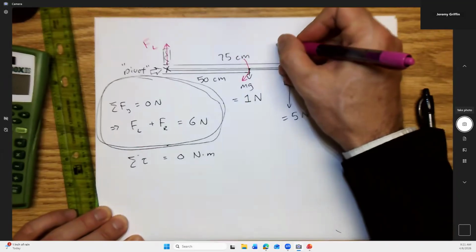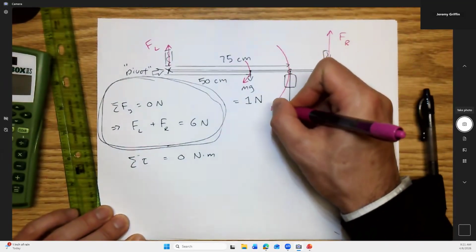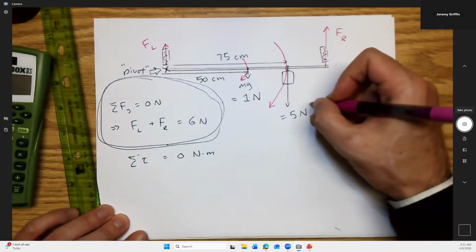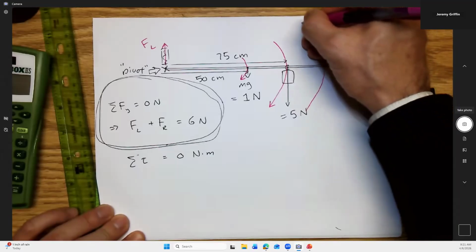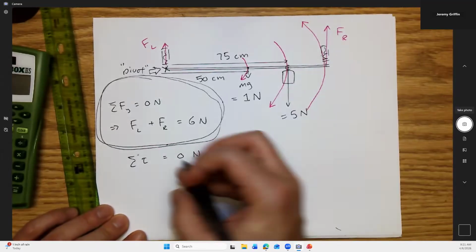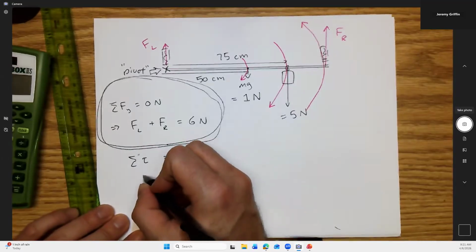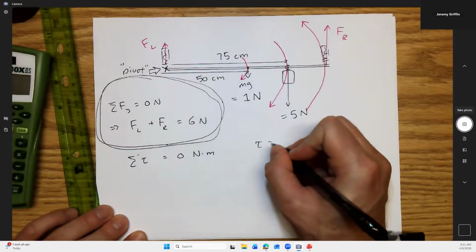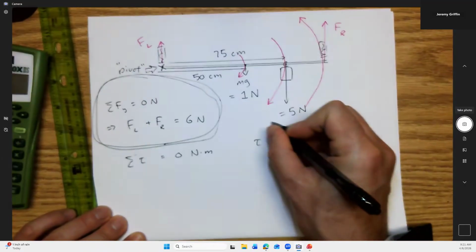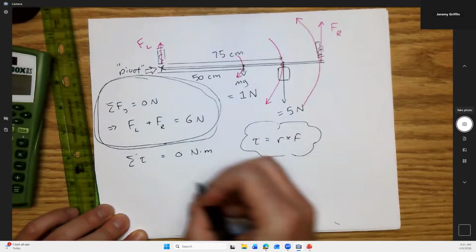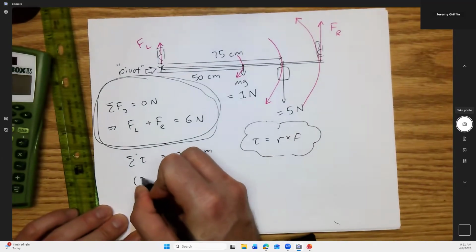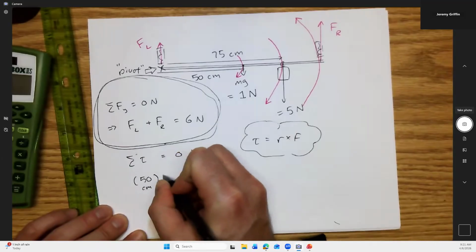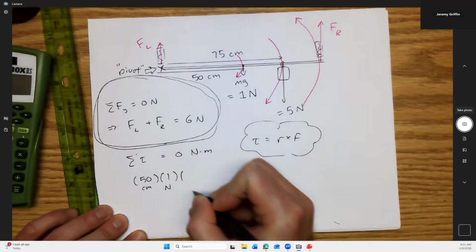And this lab weight says, let's go really clockwise. It's heavier, it's also further out. And this right spring scale is holding everything in check counterclockwise. So let's go, of course, torque equals r cross F. Right, there's our guiding equation there. So at 50 centimeters, we've got 1 Newton weight. That's clockwise. Oops.